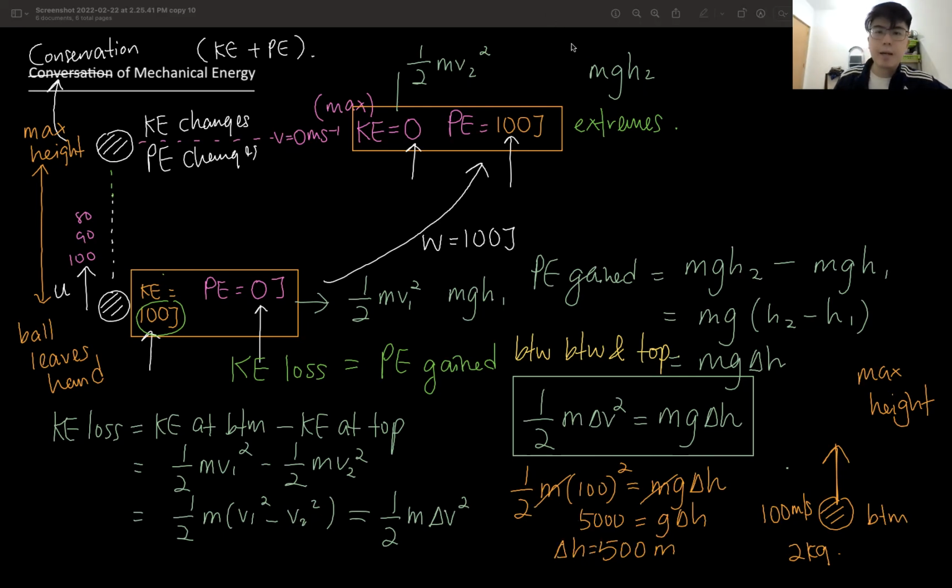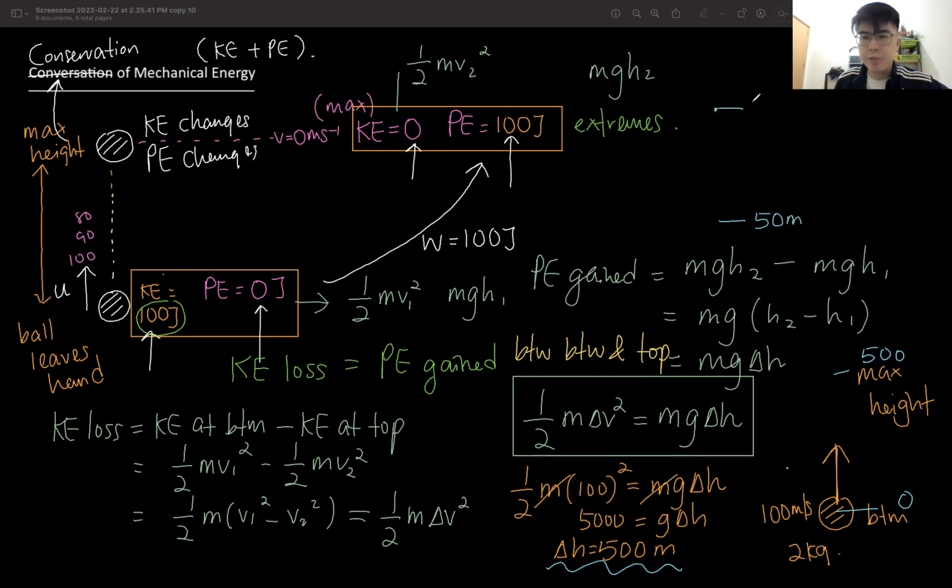Okay, so you are calculating the change. Change means if you know this is 0, this has got to be 500. That is the difference between calculating the change and calculating a specific point. Okay, the change is 500. If you know the bottom is 50, what is the top?